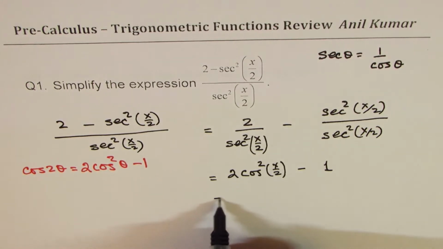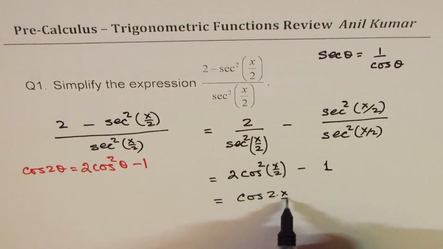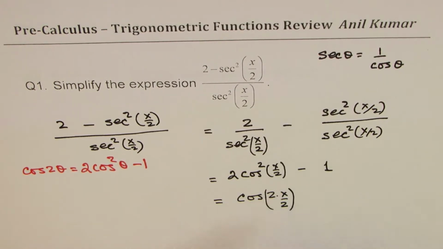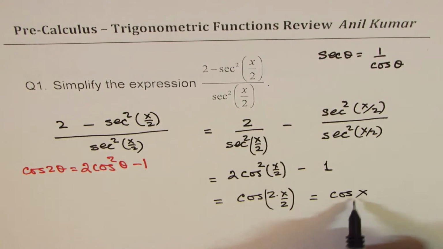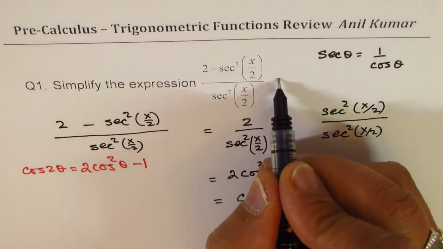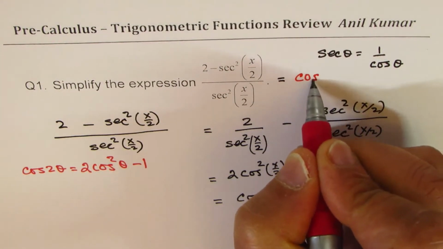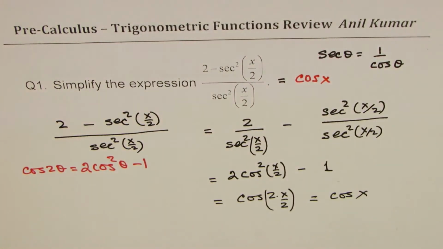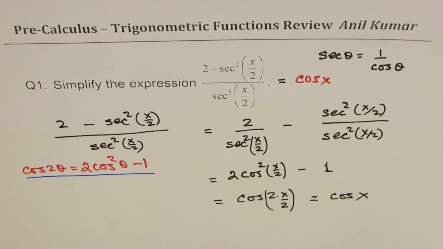So therefore we could write this as cos of 2 times x by 2. Do you see that? That is equals to cos of x. So this expression is actually equal to cos x. Is that clear? So we have applied the double angle formula for cosine.